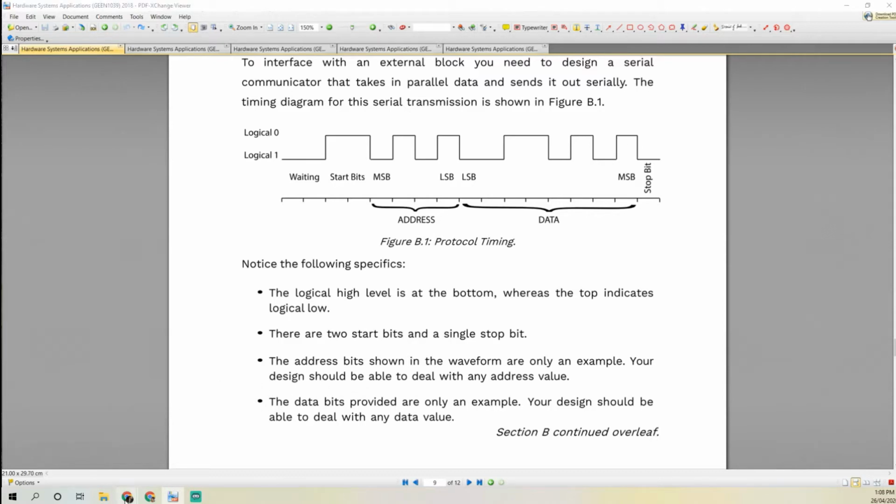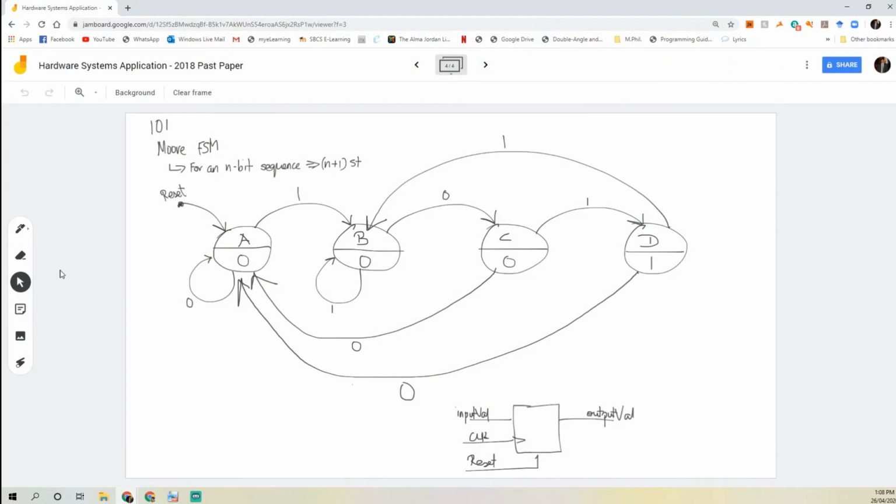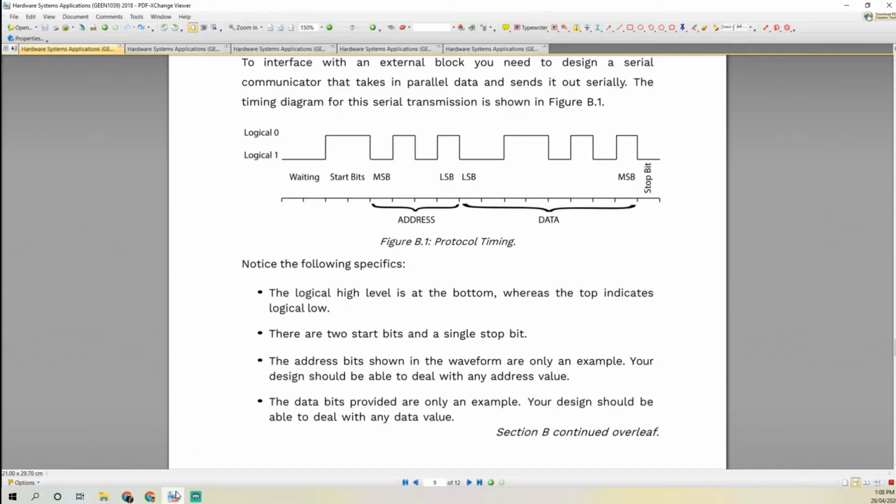So what I'll do is pull up a Jamboard here, and we can think about this a little bit. From the diagram, we see that there is going to be some series of bits that will be sent as output.